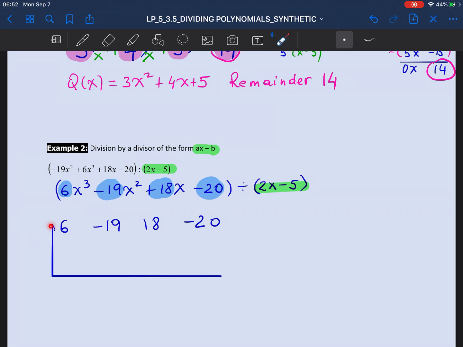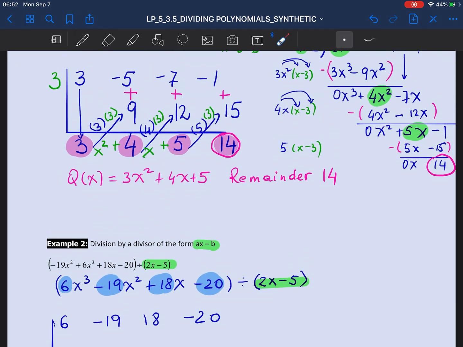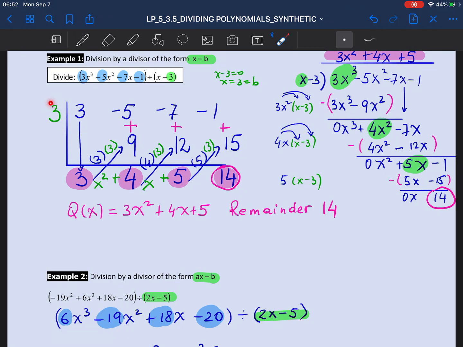The next thing we want to do is figure out what number to put in here. Remember that in the previous example, we said that we just have to place the value of b in here, right? And you can discover the value of b by just following the pattern, comparing x minus b with the divisor you're given, and you can easily identify b. But another way of looking at it is finding the value of x that makes the divisor 0.